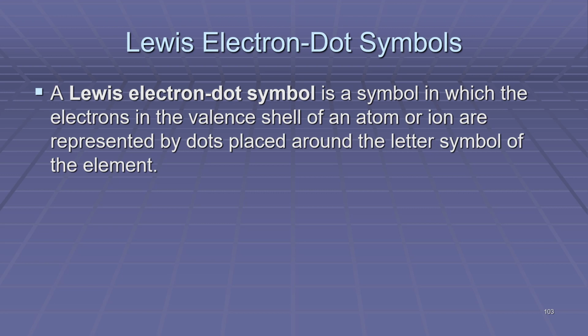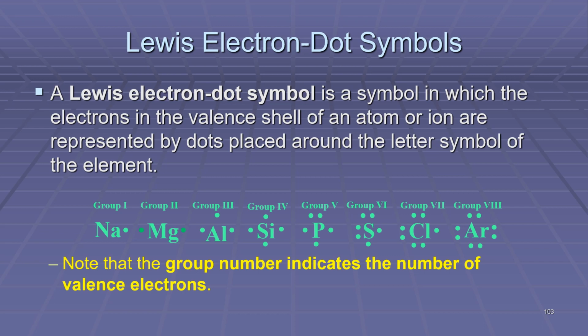We can show the Lewis electron dot symbols to represent the transfer of electrons. This is just a repeat of that slide from way at the beginning, and don't forget these are the A groups, 1A, 2A, 3A, 4A, 5, 6, 7, 8.